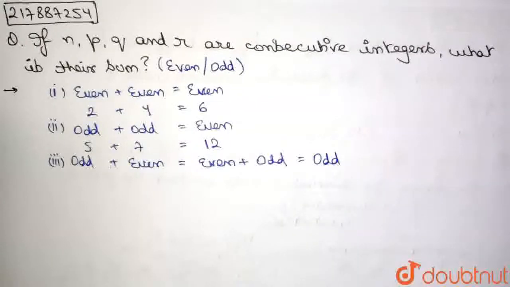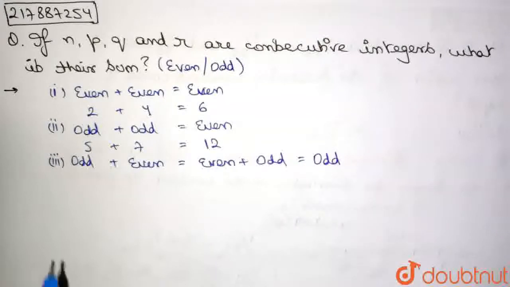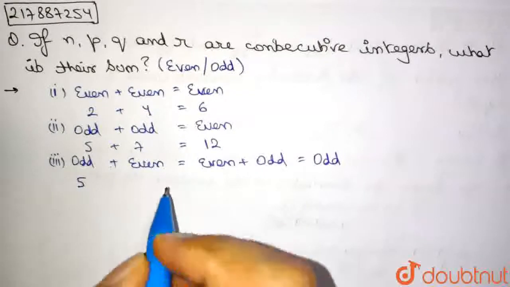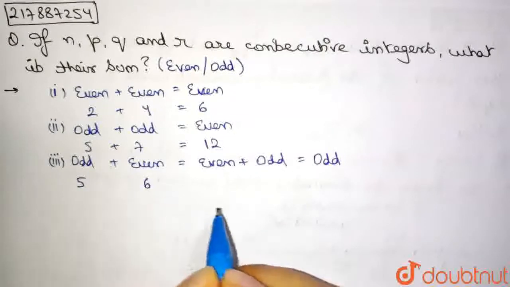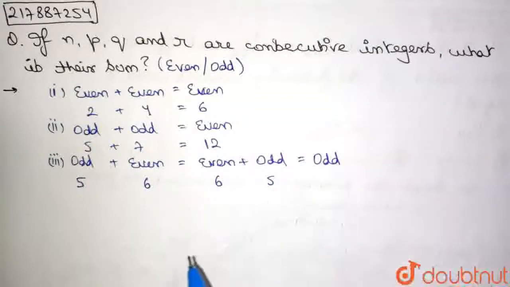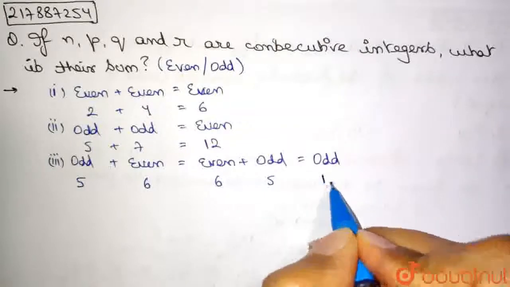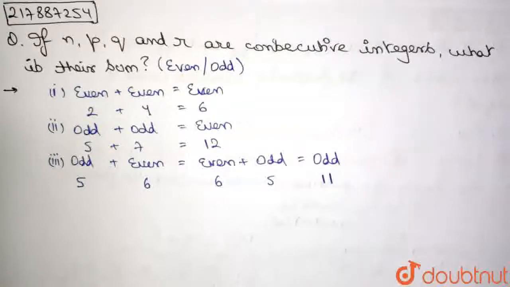So say we have 5 as an odd number and 6 as an even number, or 6 as even and 5 as odd. The order in which we add them does not matter, we receive an end result which is 11, and it is odd.